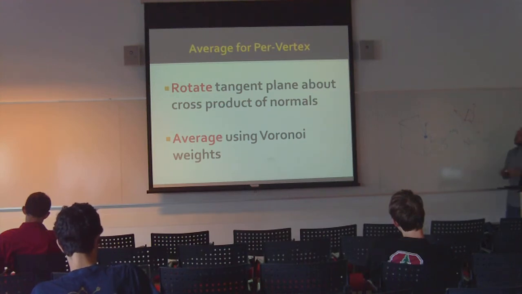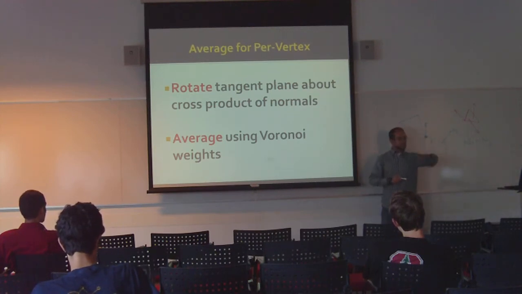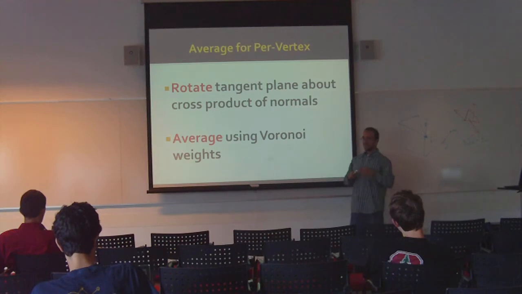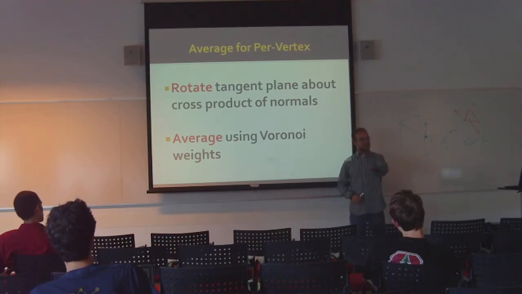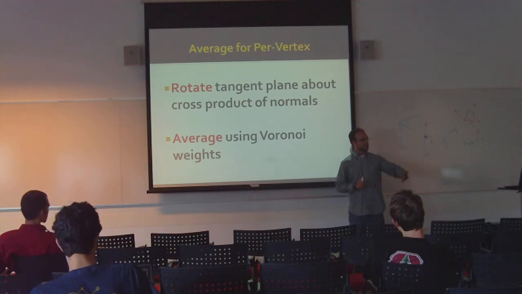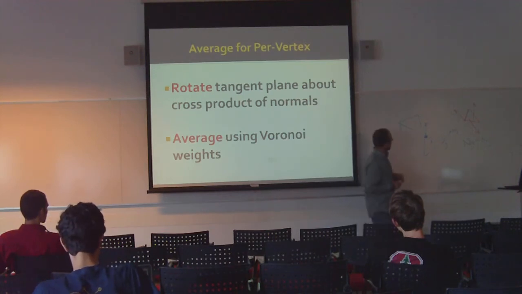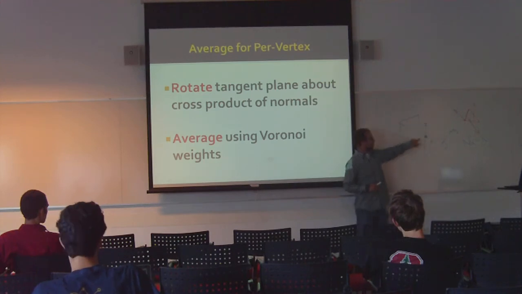Right? So anyway, I rotate the tangent plane and I kind of drag that 2 by 2 matrix with it. And now for each face adjacent to a given vertex, right, I now have a different second fundamental form, right? So in general, for example, here I have 1, 2, 3, 4, 5, 6 adjacent faces for this vertex, each of which has its own 2 by 2 matrix.